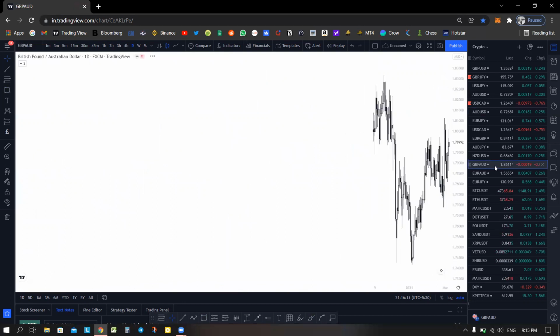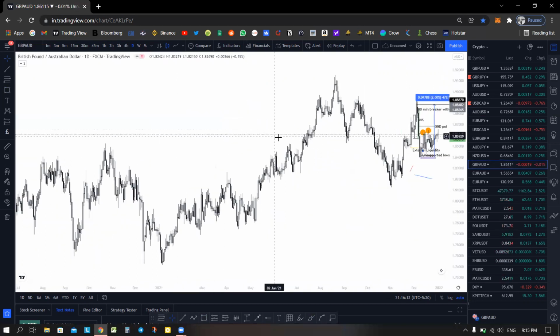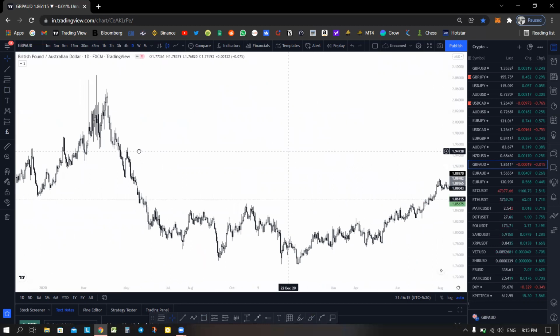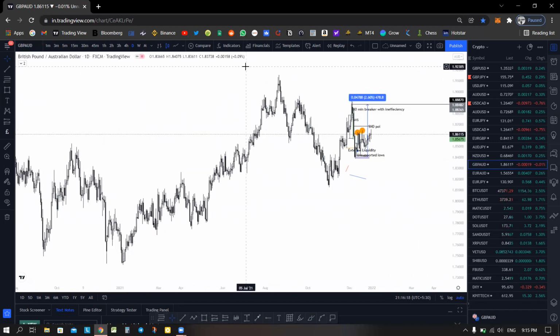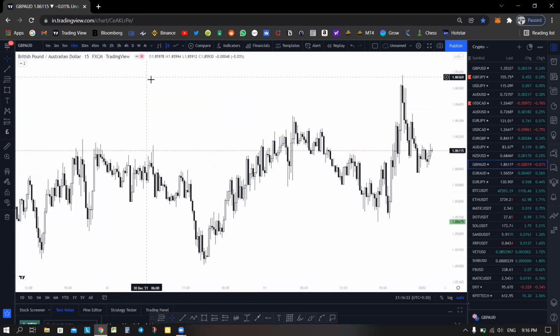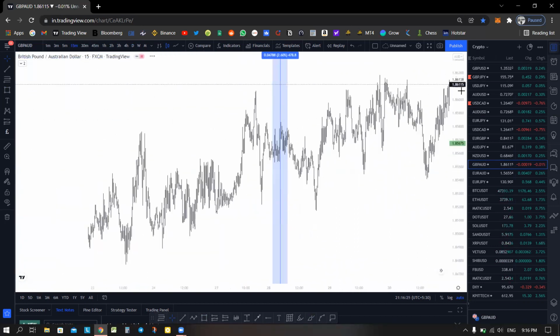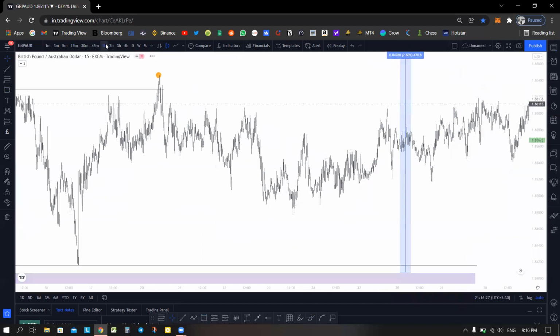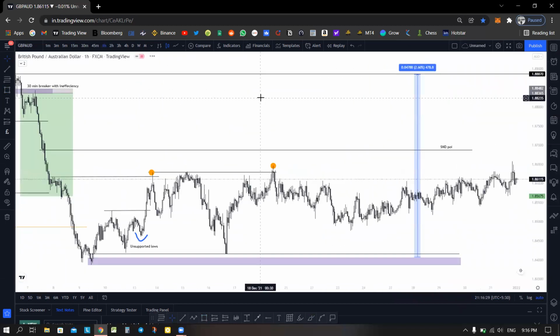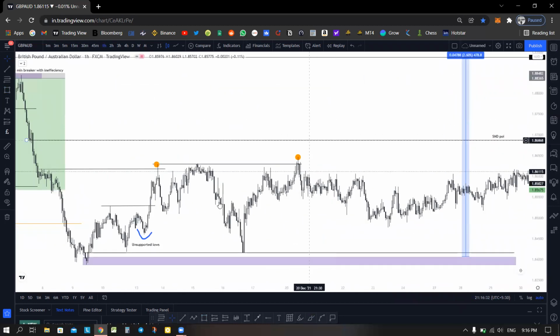On the same chart, we can see why I have chosen this: because this one was the last candle responsible for this break of structure, and we have some unsupported lows cleared out by this candle, so this one already got mitigated.